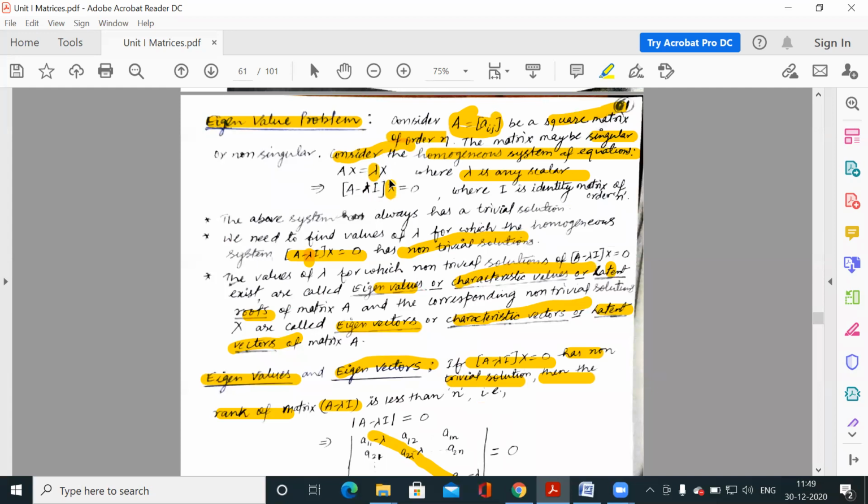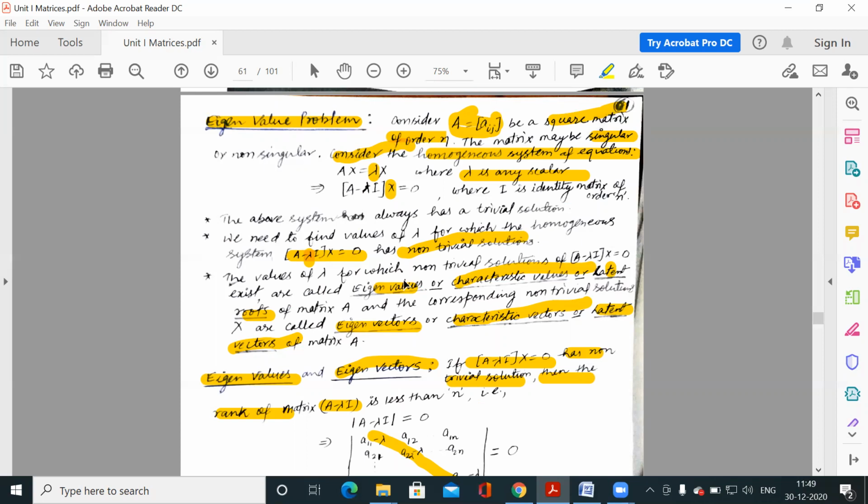To each eigenvalue we have corresponding eigenvectors. If it is a matrix of order n, then we have n eigenvalues and the eigenvectors.